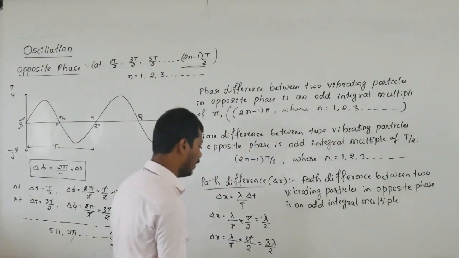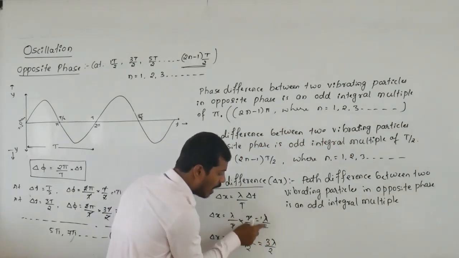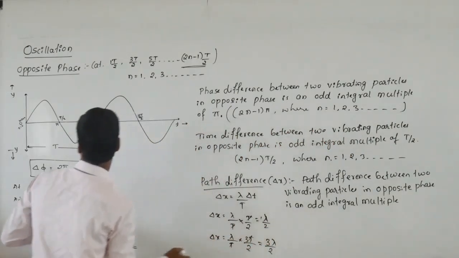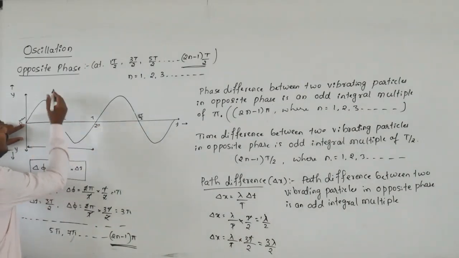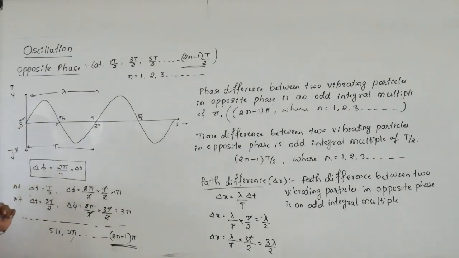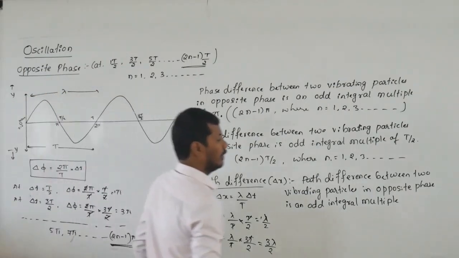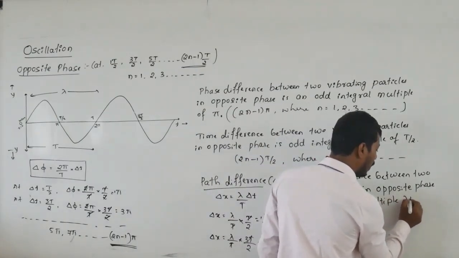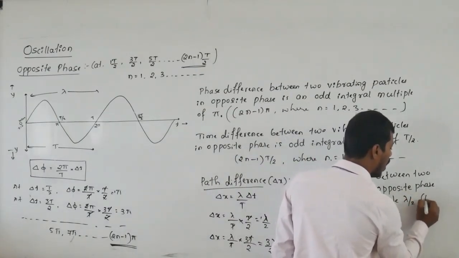Wavelength means to complete one period, that is wavelength, like this. This up here is the half wavelength. Multiples of lambda by 2 are considered as half wavelength.